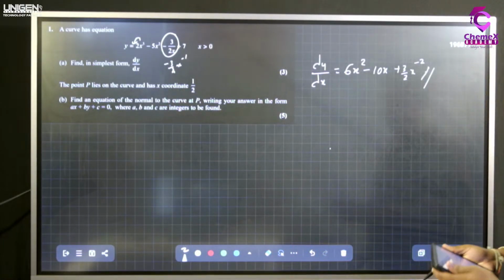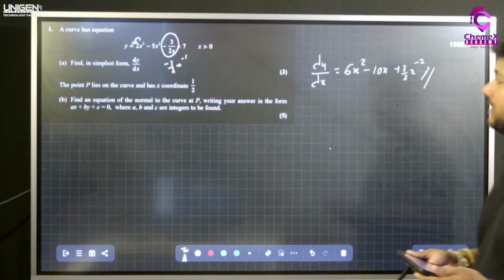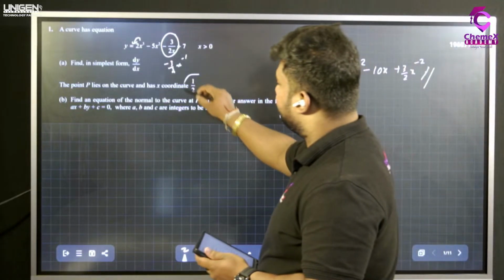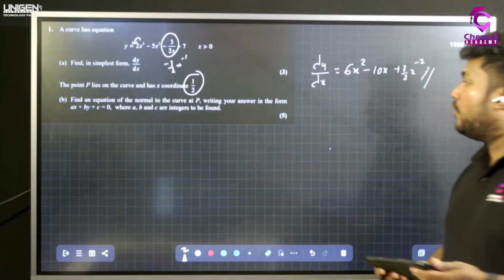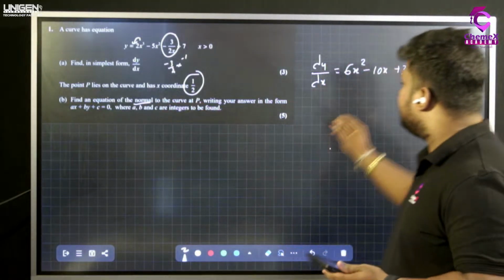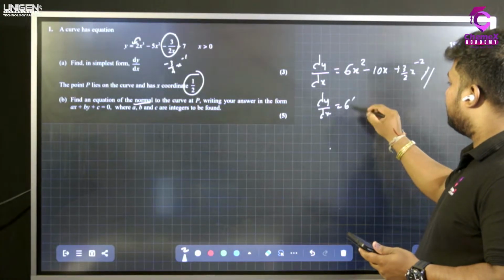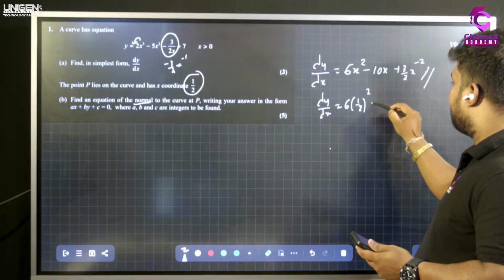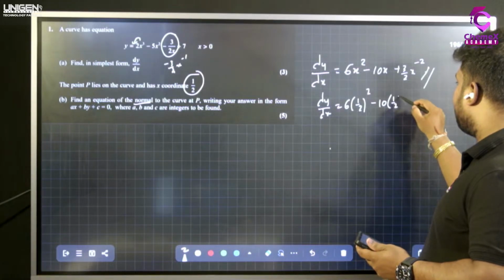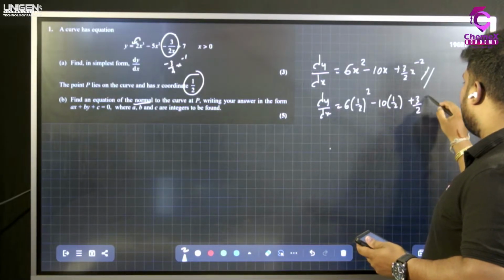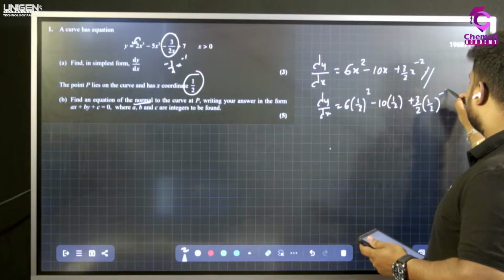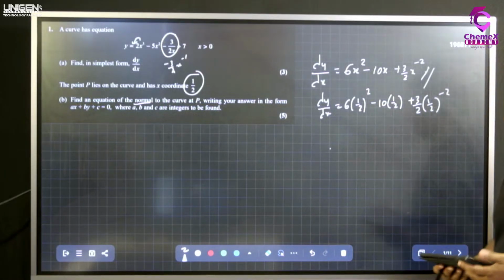Second one. The point P lies on the curve and has x coordinate half. Find the equation of the normal. So what's the tangent here? If you substitute this value x half, you get what? What do you get?